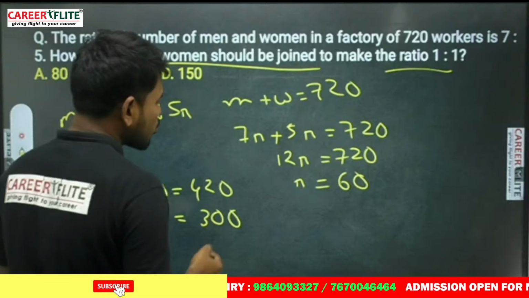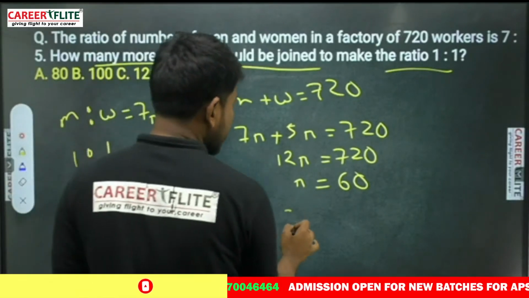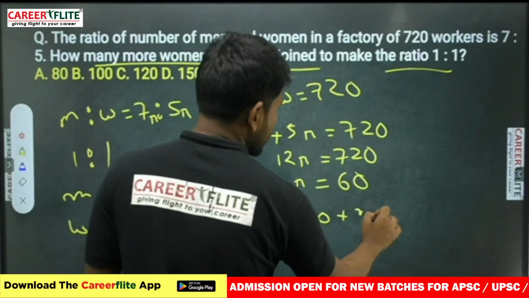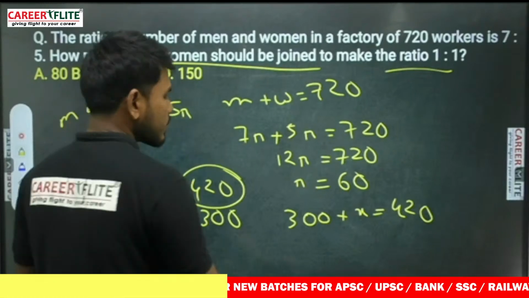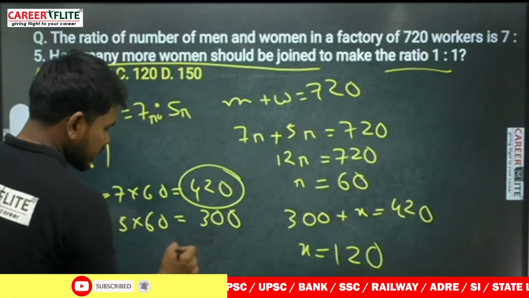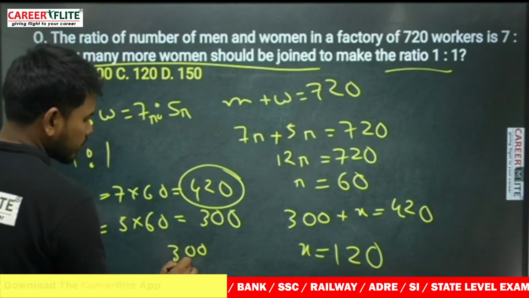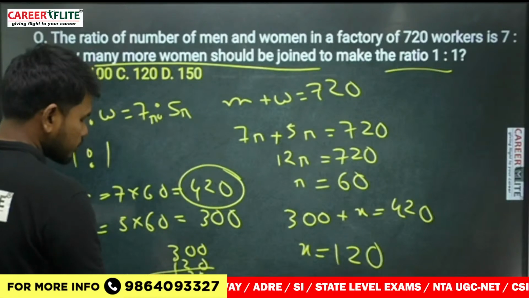So how many more women should join so that we get the number of women to be 420? 300 plus X will give us how many women? 420 women, right? So X will be 120. So if we add this 300 and this 120, we'll get how many? 420 women. Now women is 420.